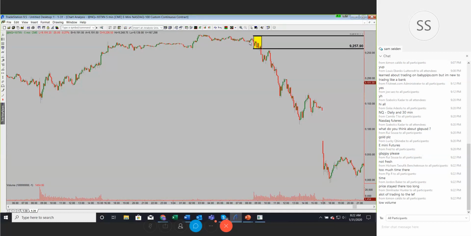Meaning, if supply and demand was that out of balance, how did price stay there that long? Make sense? So not a high probability level. I don't take those levels.